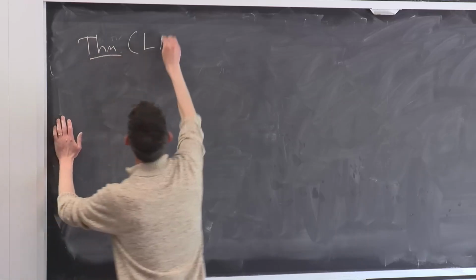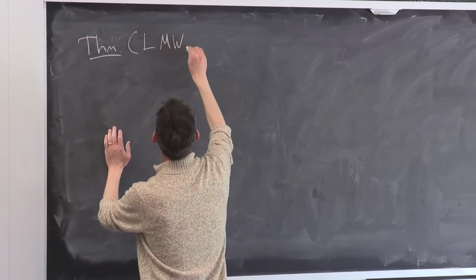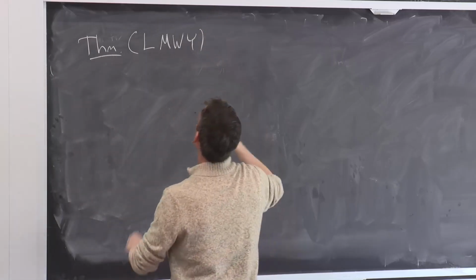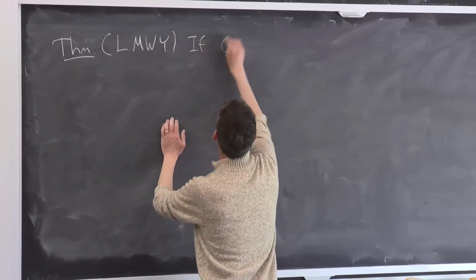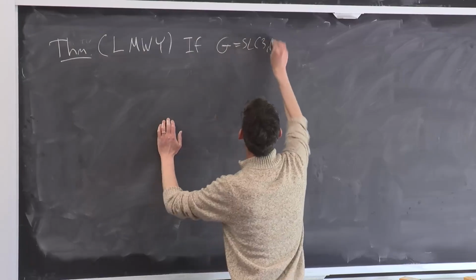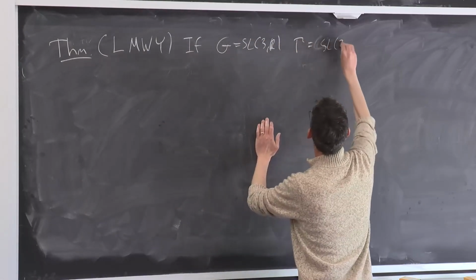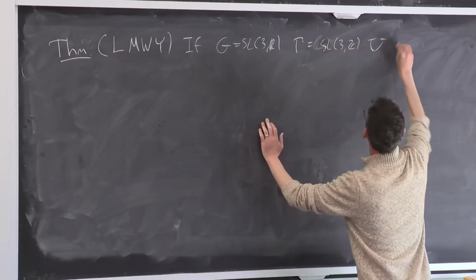OK, so this is Lindenstrauss-Mohammadi, Wang, and Yang. So the setup is on that board. So if G is SL3R, gamma is SL3Z, U as above.